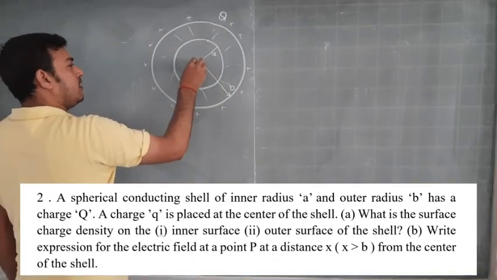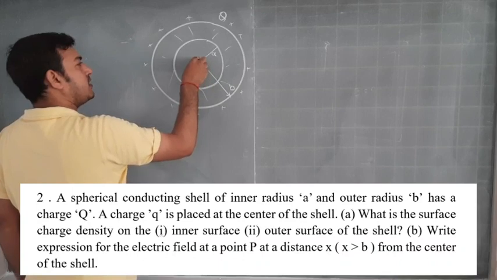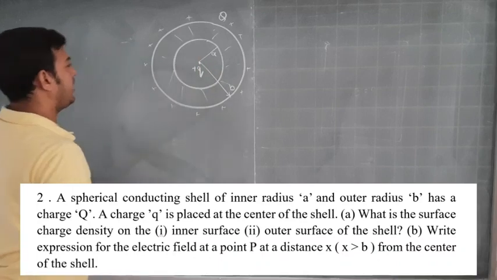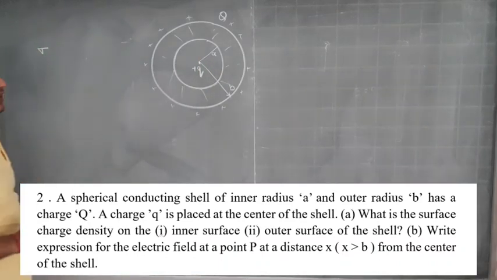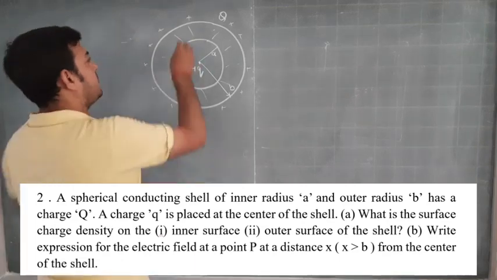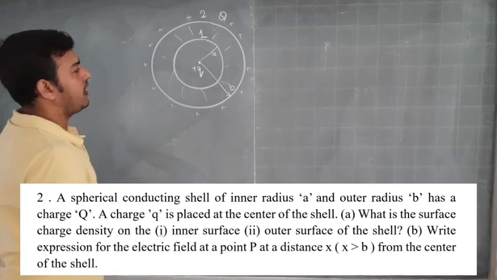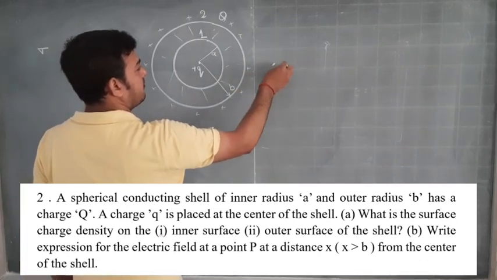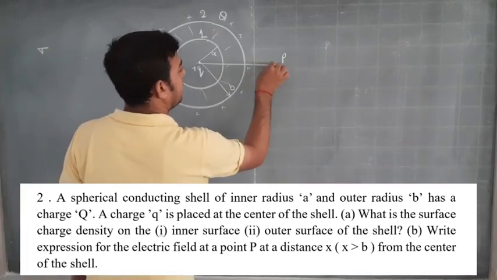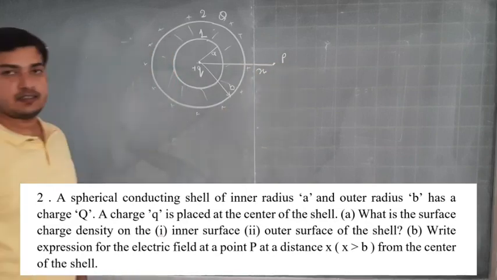Now I am placing a plus q of charge at the center of this hollow shell, and I need to find out, as per the question, the surface charge density of this surface. Let me call this surface 1 and this surface 2, and the electric field at a point P, that is at a distance of x, let us say.